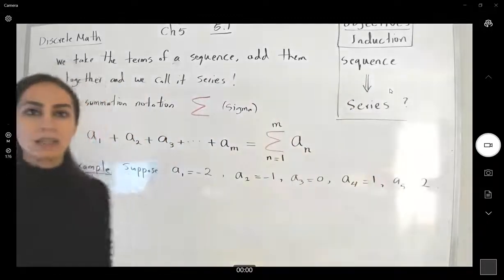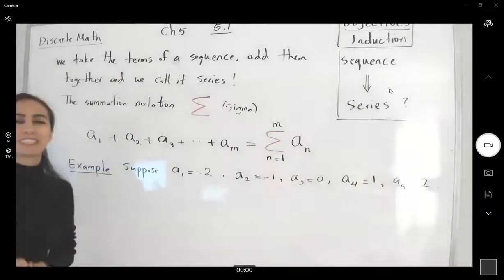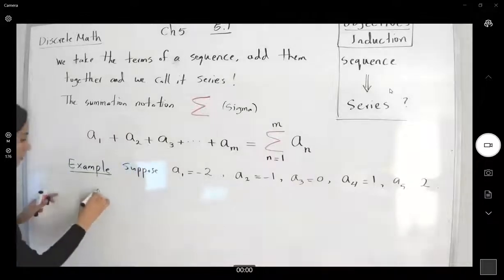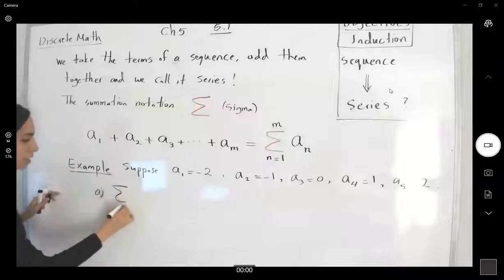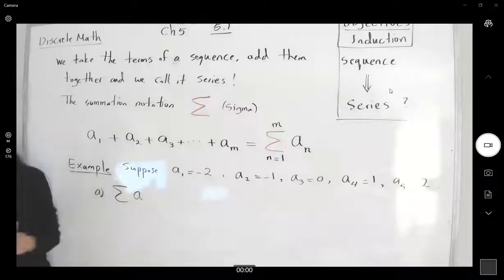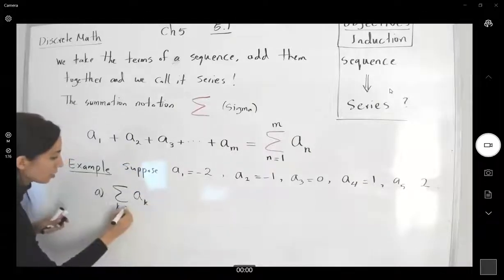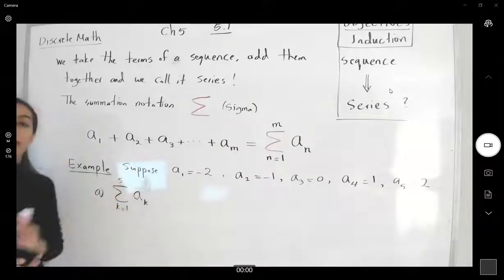The question says, compute the following series. A: What is the sum of A sub k such that k starts from 1 and stops at 5?